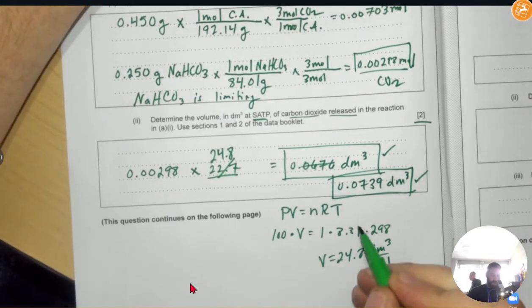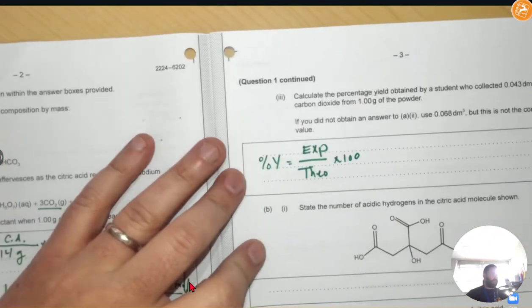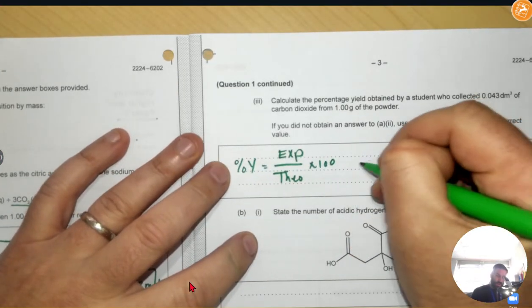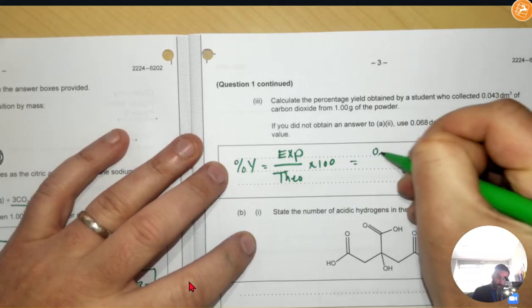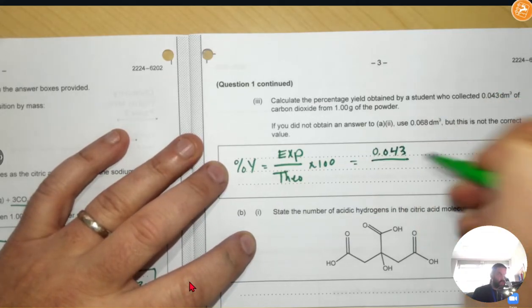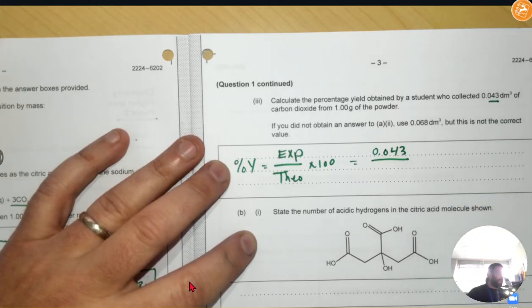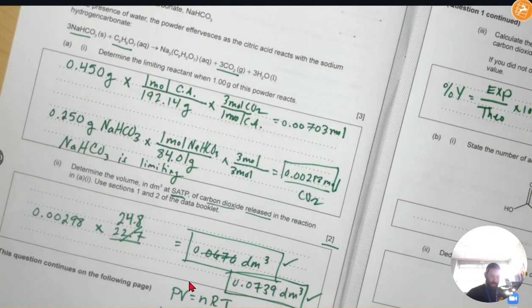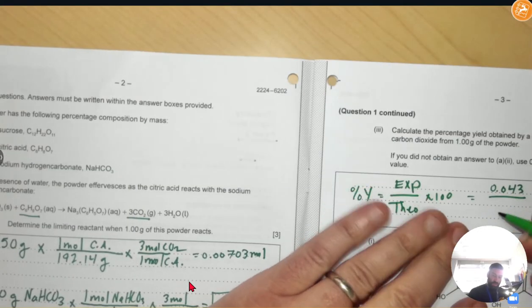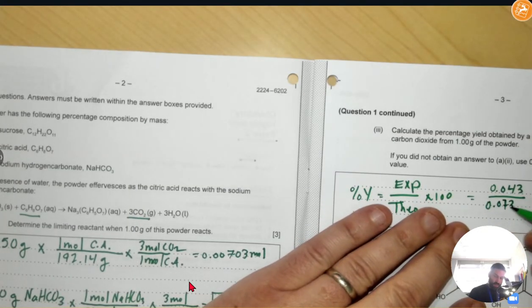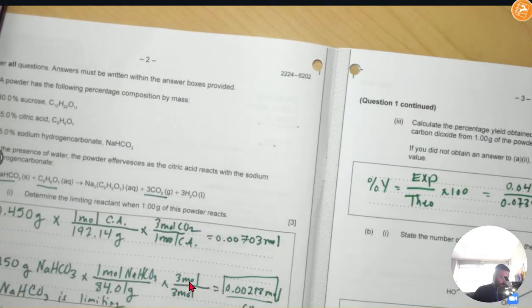Well, what we calculated in the previous problem was the theoretical, right? The experimental is what the kid got. So the kid got 0.043 cubic decimeters to 2 sig figs FYI. We got 0.0739 times 100. So we got just over 50.